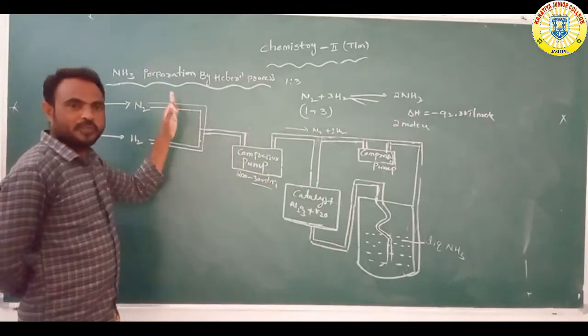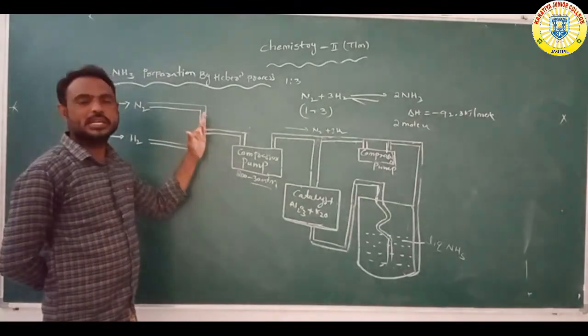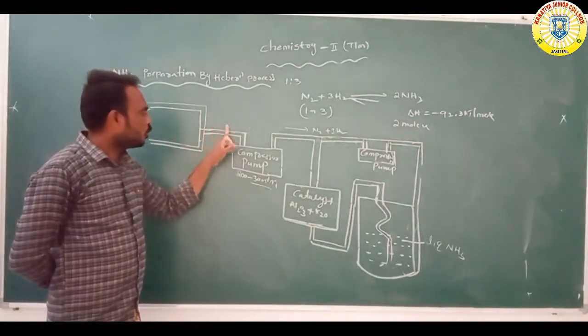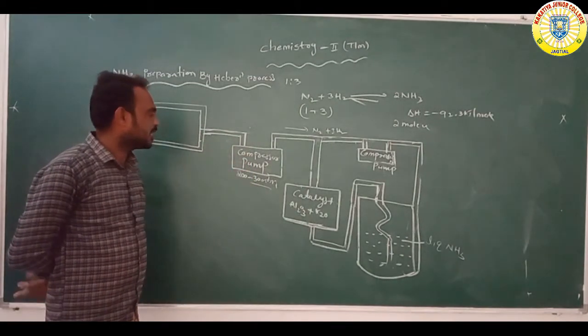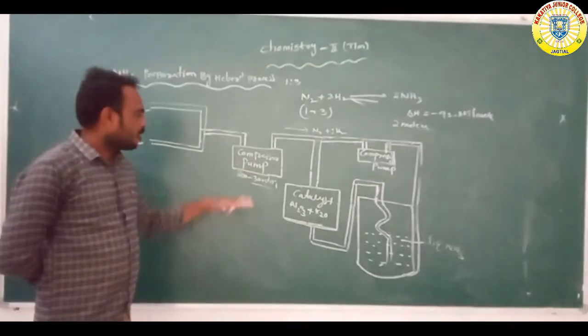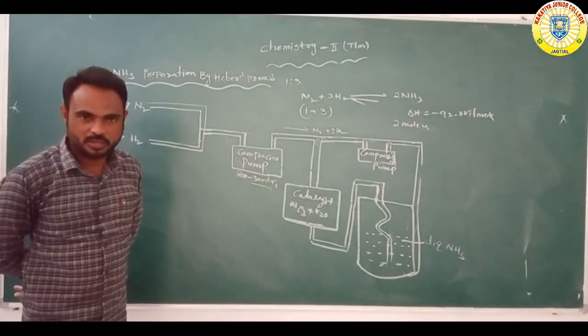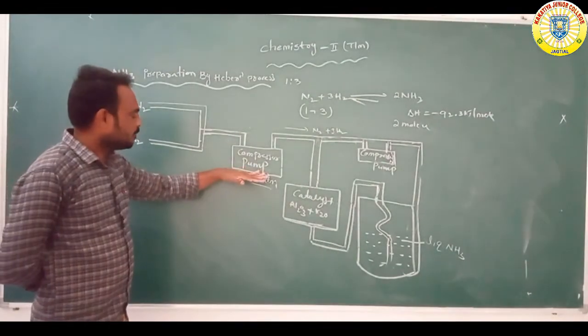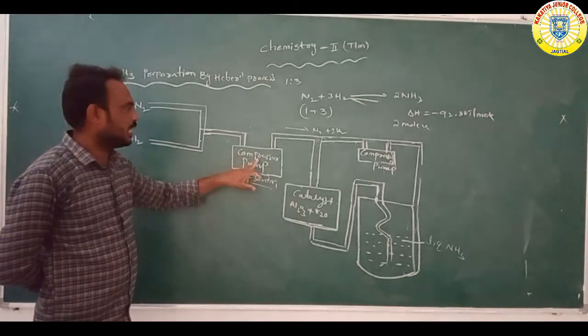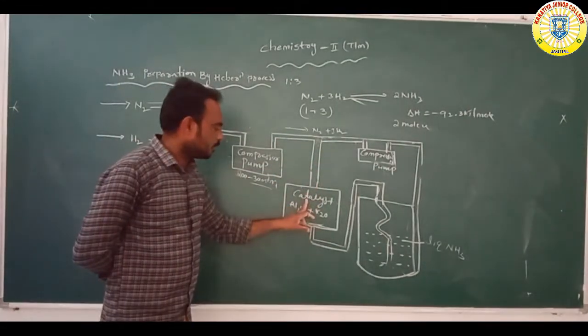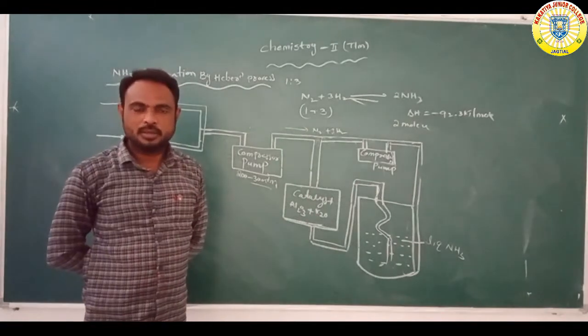Okay, so further, this nitrogen and hydrogen mixture is going to run through a compressor pump. When we use 200 to 300 atmosphere pressure, the nitrogen and hydrogen then run into a catalyst chamber.